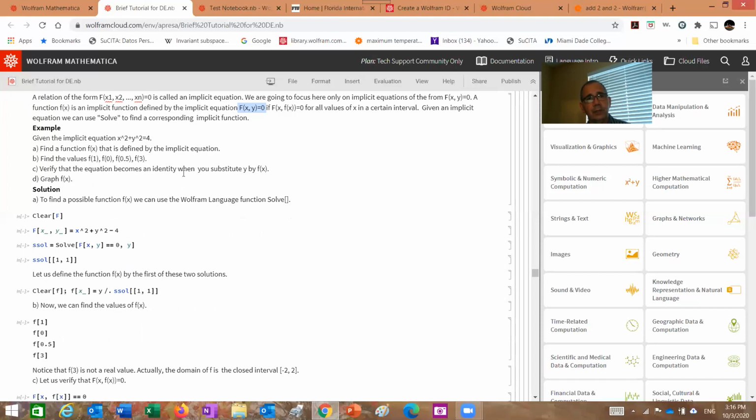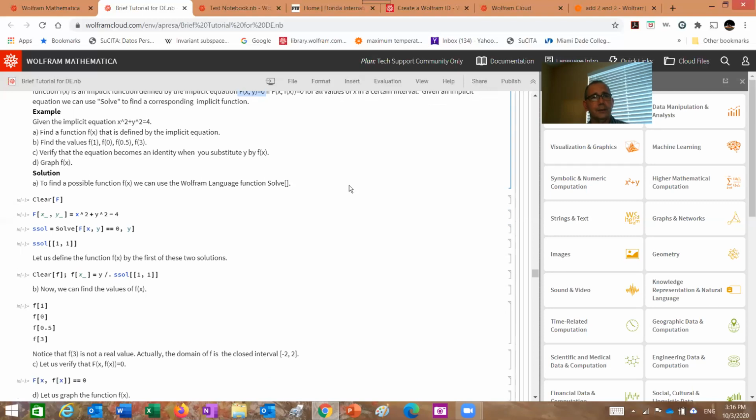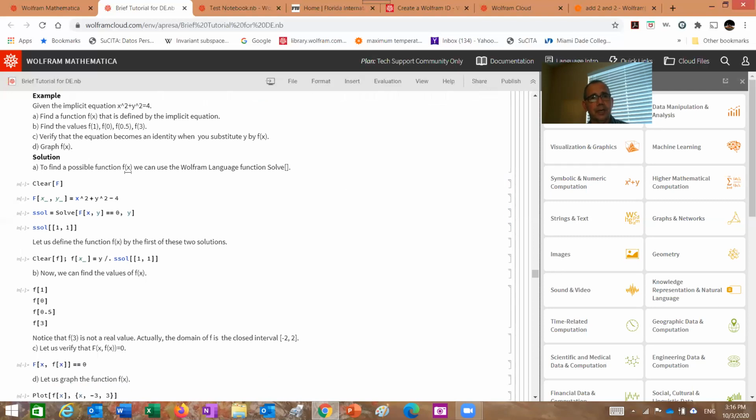Verify that the equation becomes an identity when you substitute y by f of x. As we mentioned, F evaluated at x comma f of x must always equal 0 for all values of x in a certain interval. And then let's graph the function f of x. To find a possible function f of x, we can use the Wolfram Language function Solve.